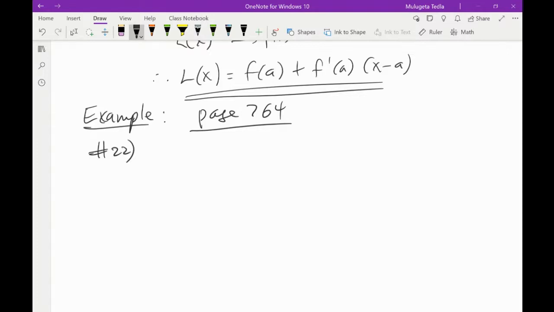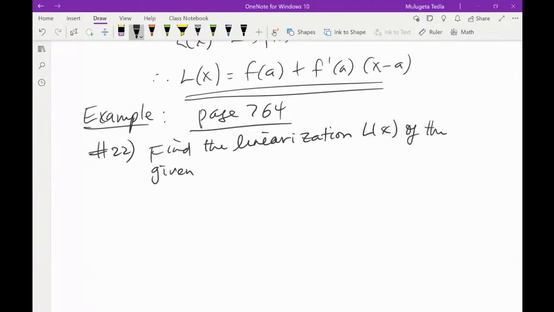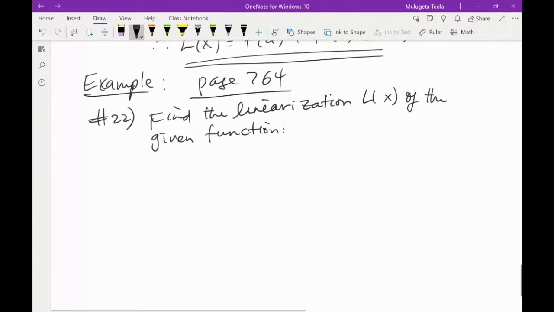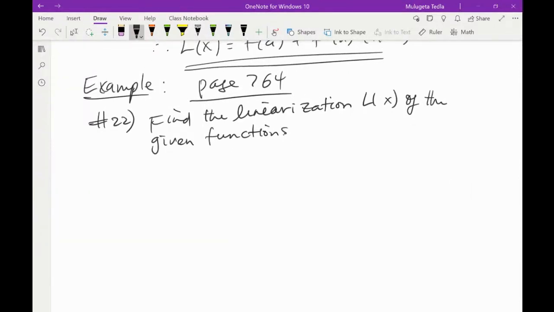They say find the linearization L of x of the given function at the values of a.